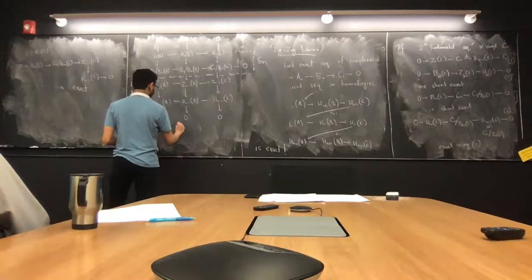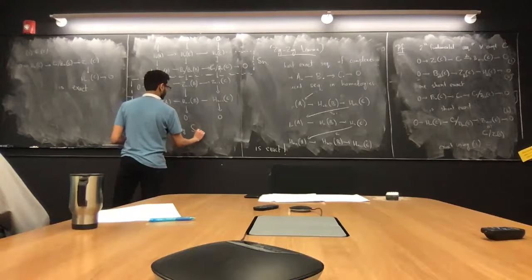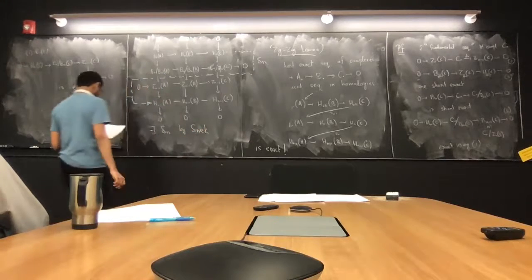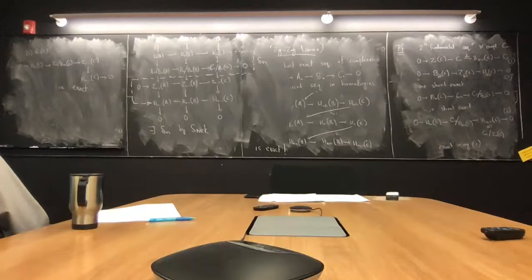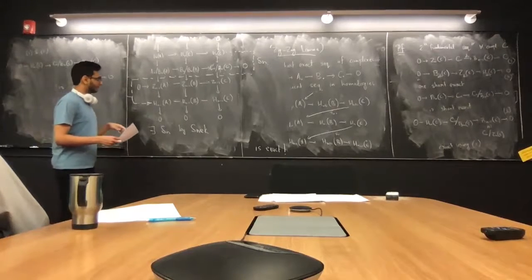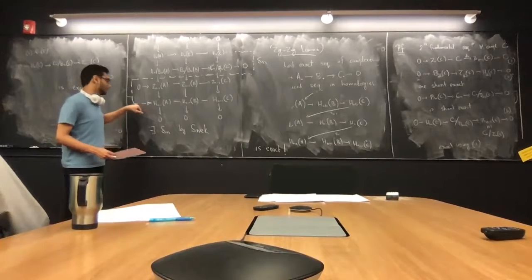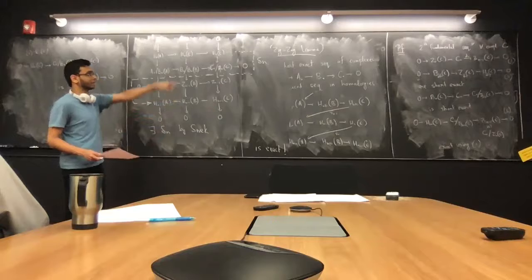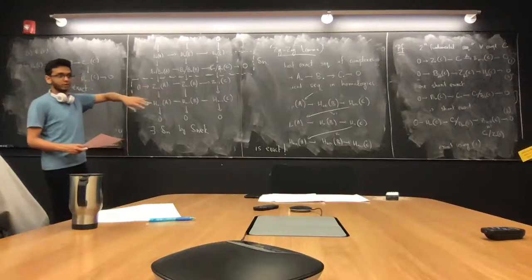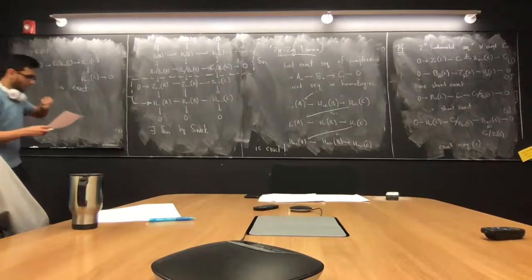So this delta n exists by the snake lemma. But the only thing that remains is to check that the map that we constructed in the snake lemma basically coincides with this connecting homomorphism that we constructed in the previous theorem, which is true.